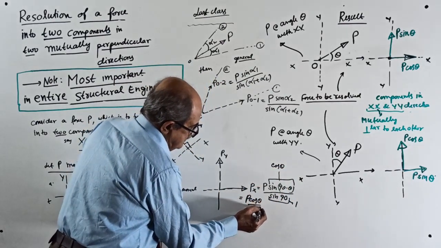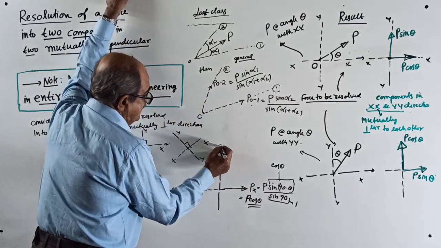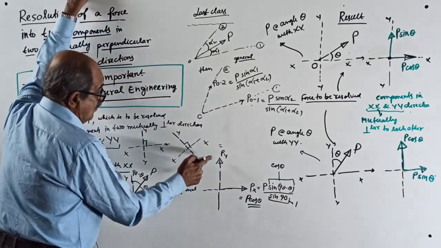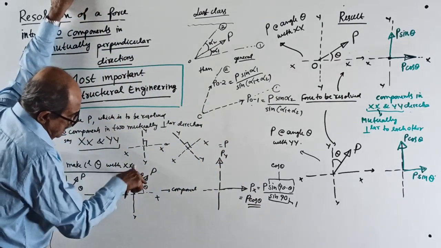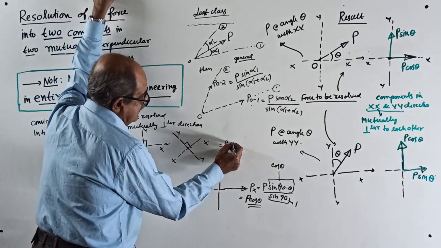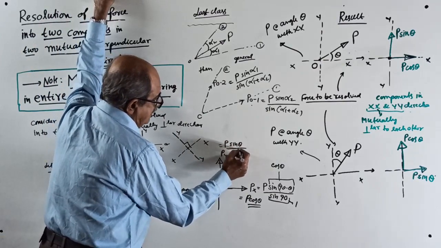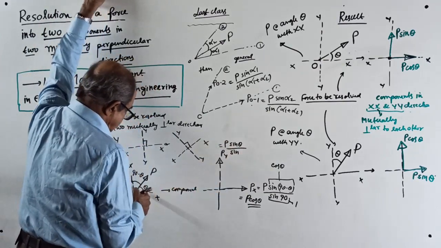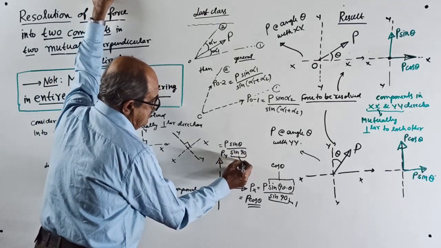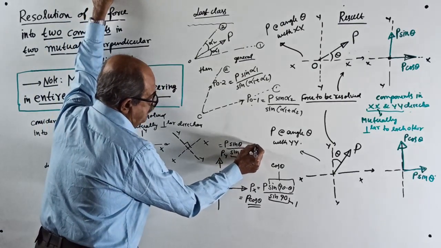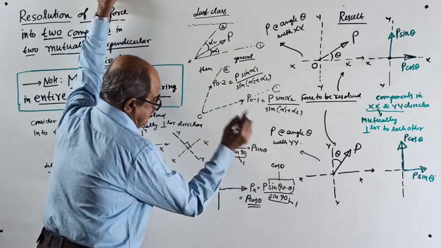Answer. Now come here. This will be force P into this component, sine of the other angle, sine theta, divided by sine of theta plus 90 minus theta, which is sine 90, once again equal to 1. So this will be equal to P into sine theta.